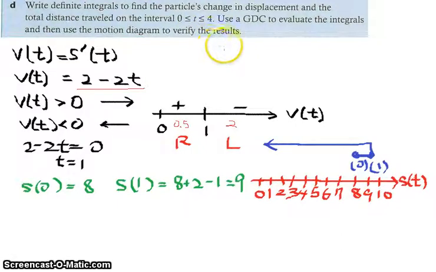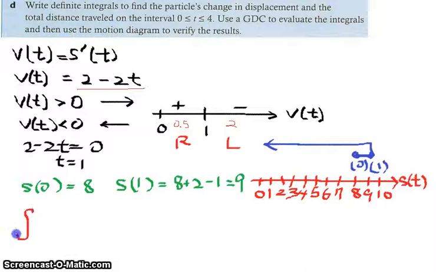And that's all we care about, right? So for the displacement part, we're saying that from the location of my object when time is equal to 0, I'm going to move from there to the location of my object when time is equal to 4. And what is that displacement? Right, so that's it. But they want us to use definite integrals to do that. So this is how we do it.